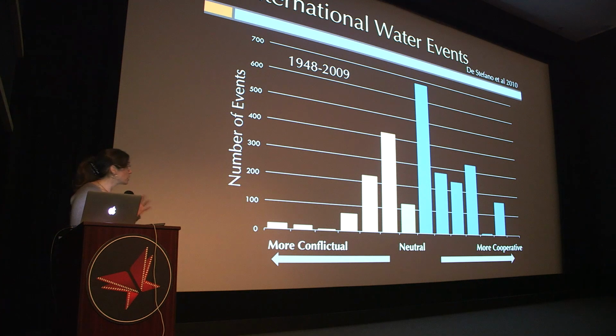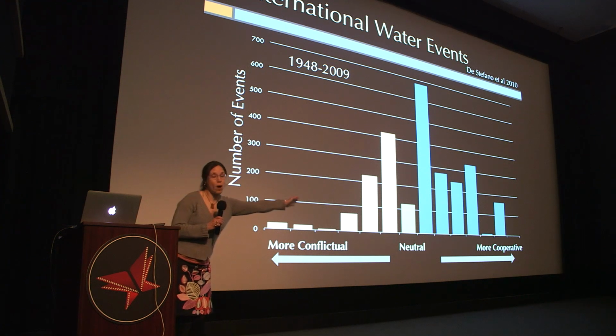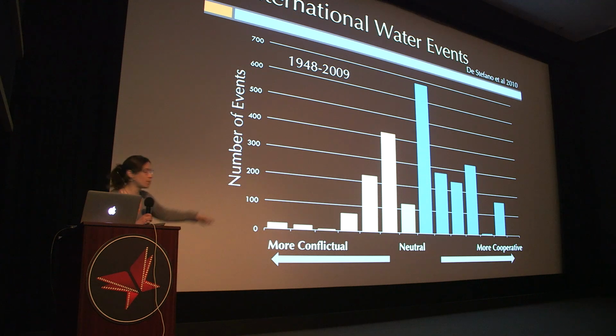And then they ranked them on a scale of very conflictual, involves violence, perhaps the military, to extremely cooperative, with the middle representing some more mild tensions or others. And they found that overall, cooperative events outweigh conflictual events by a ratio of 2-to-1.